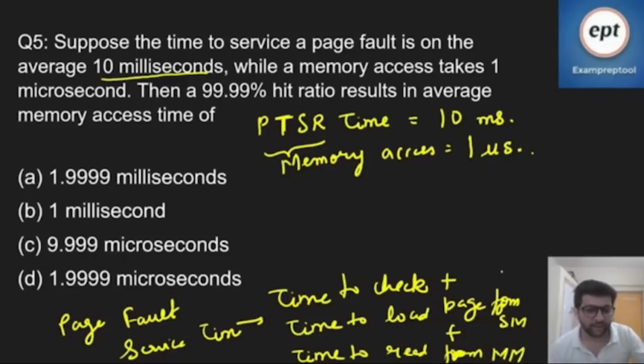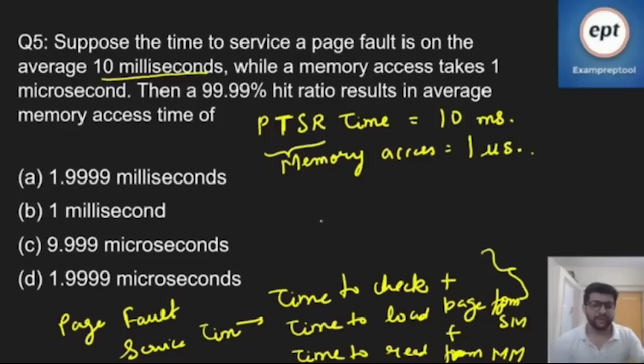All these three components are already present in page fault service time. So we do not need to add the time to check the memory and the time to access the main memory separately. By default, all these components are there in page fault service time. If it is explicitly mentioned that a particular thing is not added in the page fault service time, then you need to take care of that, right?